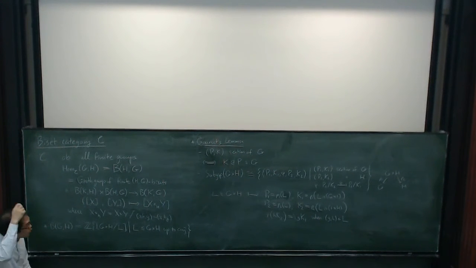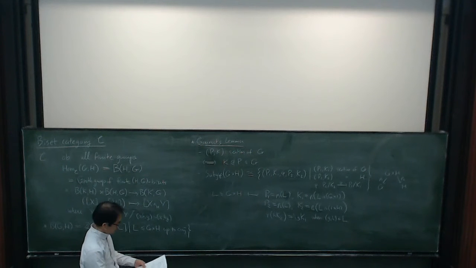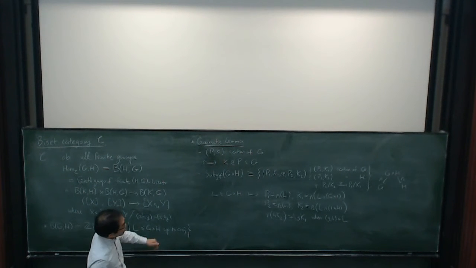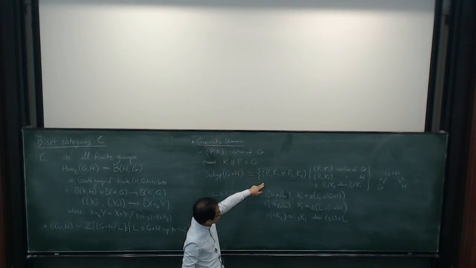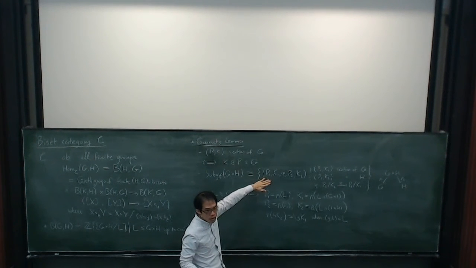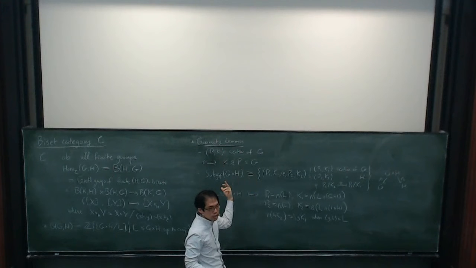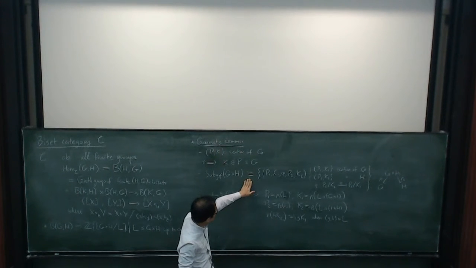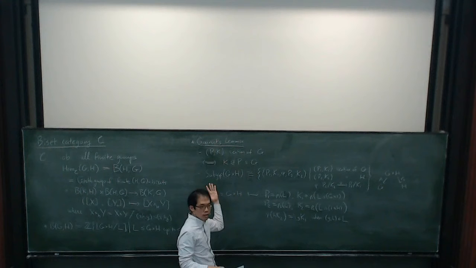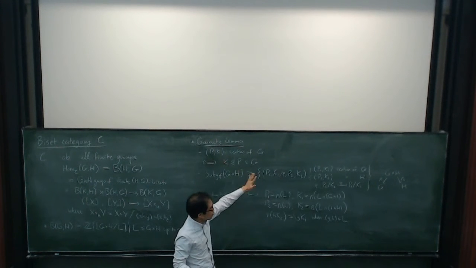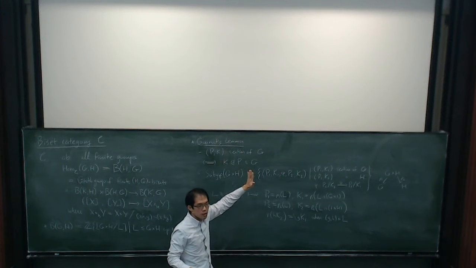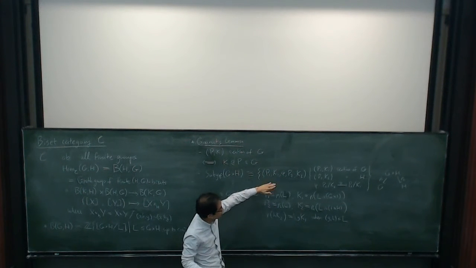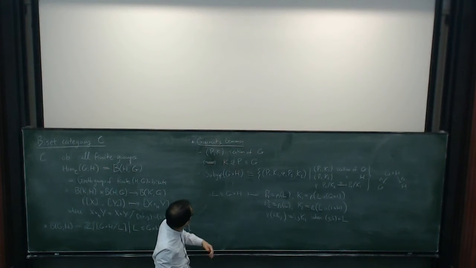So that's a bijection. Moreover, there is a natural subgroup inclusion partial order, and you can transport the subgroup inclusion relation onto this side, and it can be expressed very naturally in terms of these quintuples.